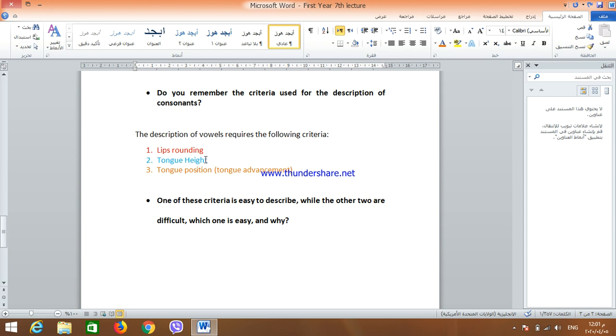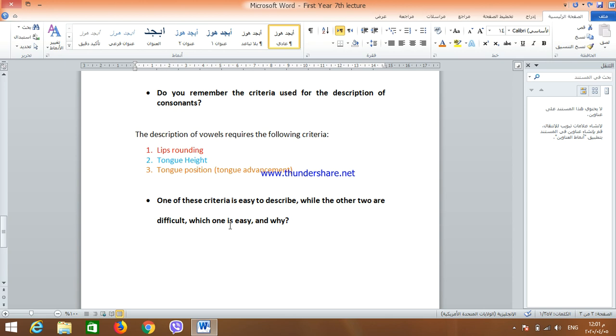Tongue height, the height of the tongue inside the mouth when we produce the vowel. And the third criterion is called tongue position or tongue advancement, which means which part of the tongue is most raised inside the mouth in the description of the vowel.